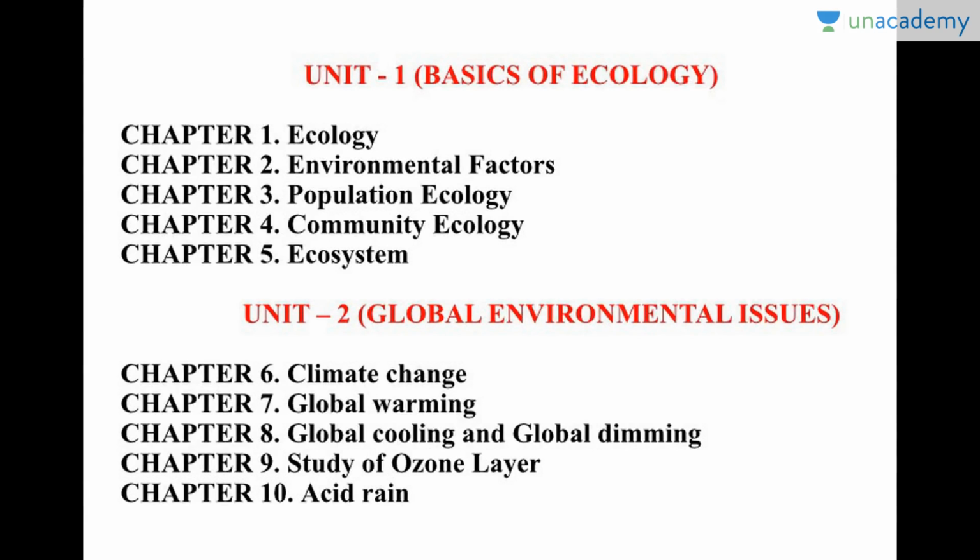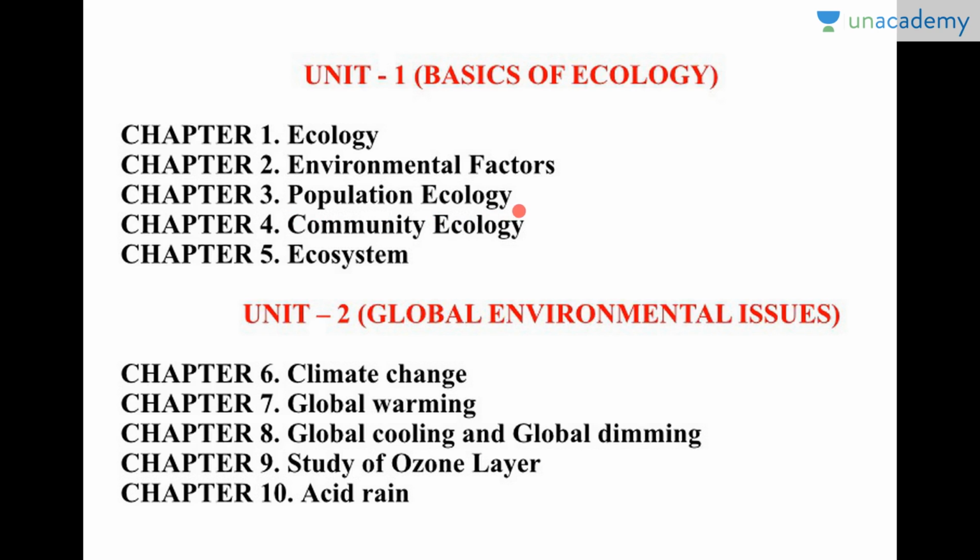So the first chapter which I made for you is the basics of ecology. In the first unit, you know what ecology is, and the various terms used in ecology like population, community, ecosystem, biomes, biosphere, the hierarchy of ecology, and various other terms, where ecology also involves welfare, various environmental factors and resources, because of which an organism lives in particular areas.